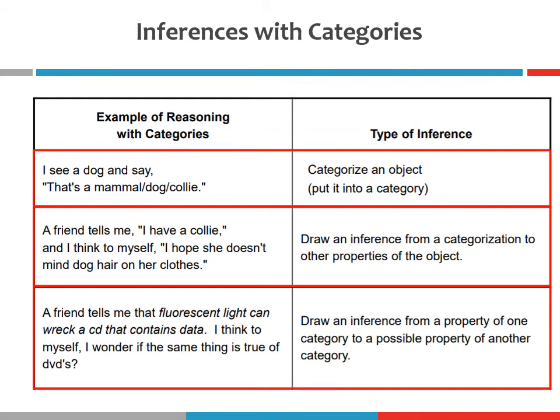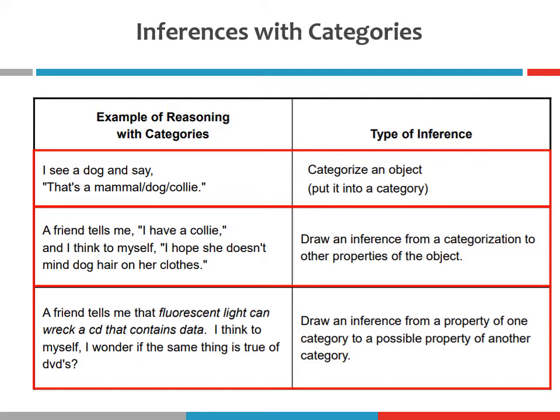Okay, we can also talk about what categories allow us to do, right? Or the kinds of reasoning or cognition that we can do once we've placed a concept into a category. So for example, if you see a dog, you can categorize it as an object and place it into a category.